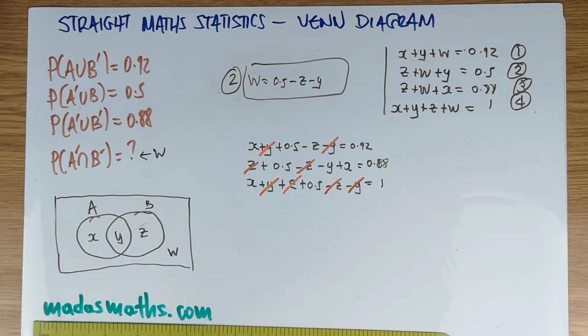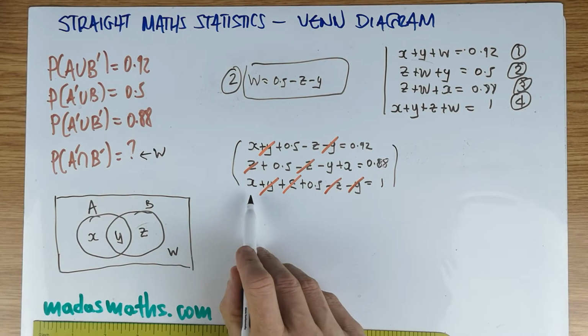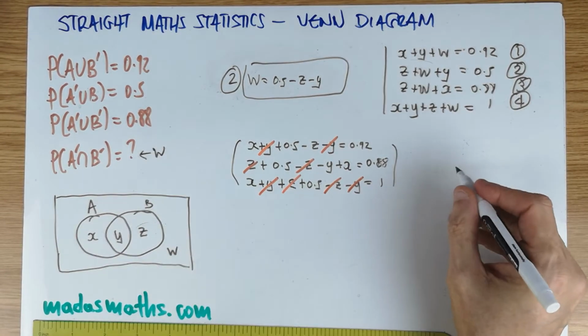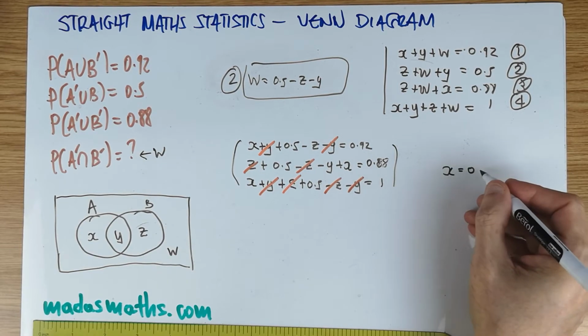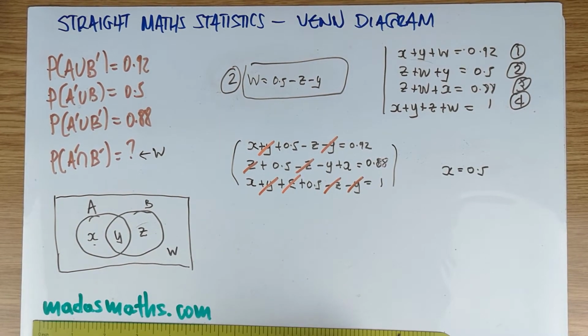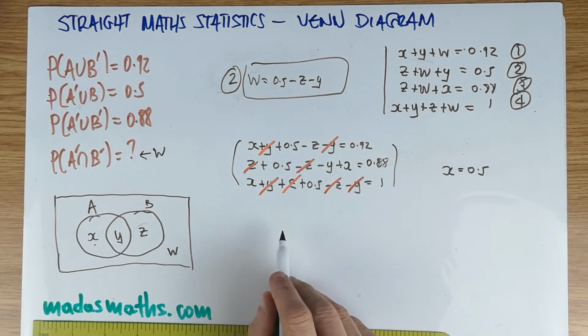So this has become very easy, because now the system of equations has become X plus 0.5 is equal to 1. So X must also be 0.5. So we have found this bit there. And then it doesn't really matter which one we're looking at.